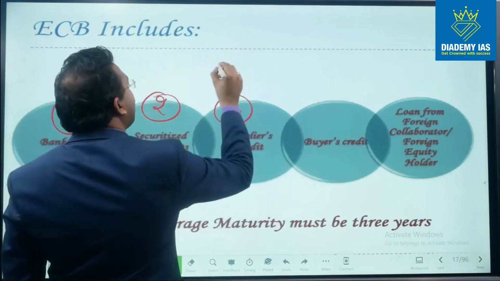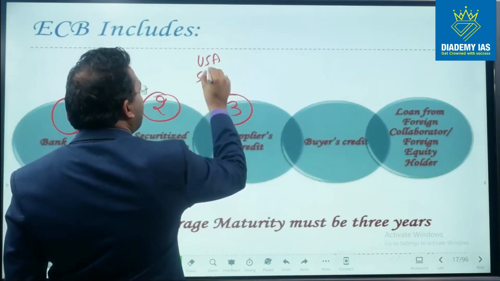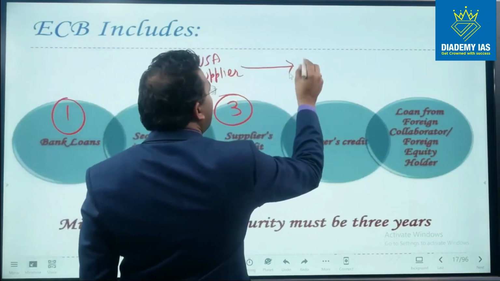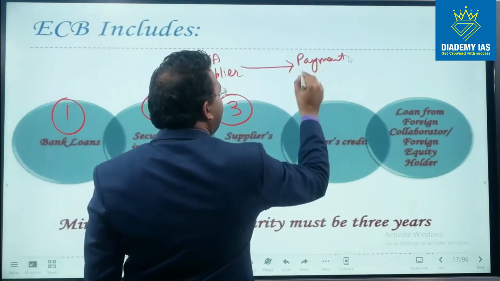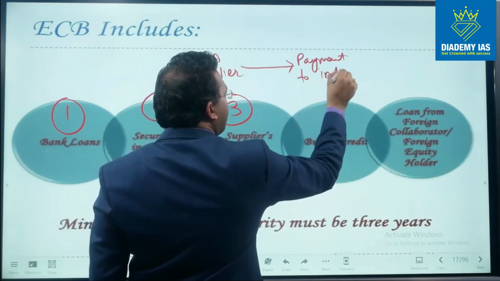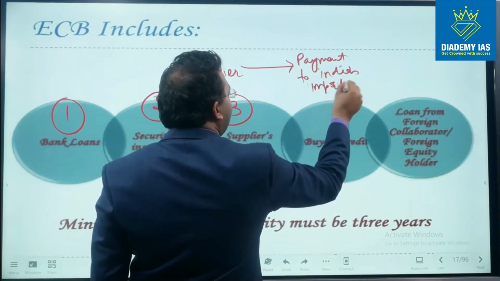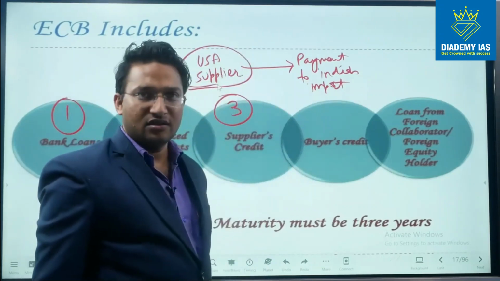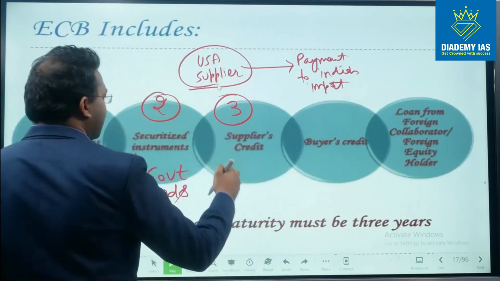For example, if there is a supplier from the USA, the USA supplier can give payment credit to the Indian importer. So the Indian importer has imported the goods, and this USA supplier says that you can pay after 3 years, after 2 years, right? So this is part of the supplier's credit.